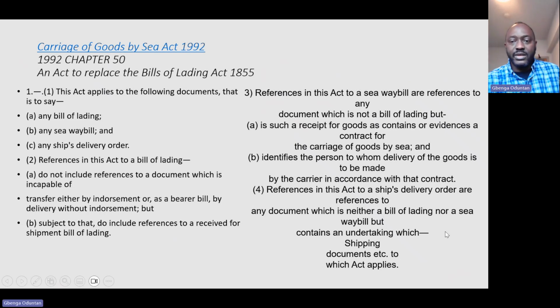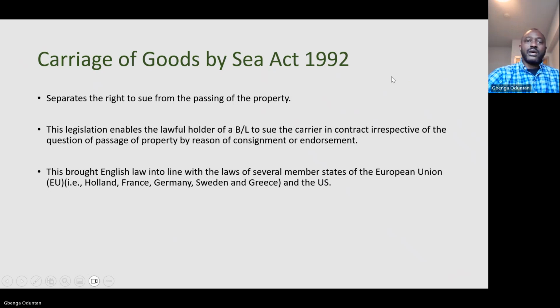The ideas, the law, the practice, the provisions of the Bill of Lading Act have now been incorporated into the Carriage of Goods by Sea Act 1992.